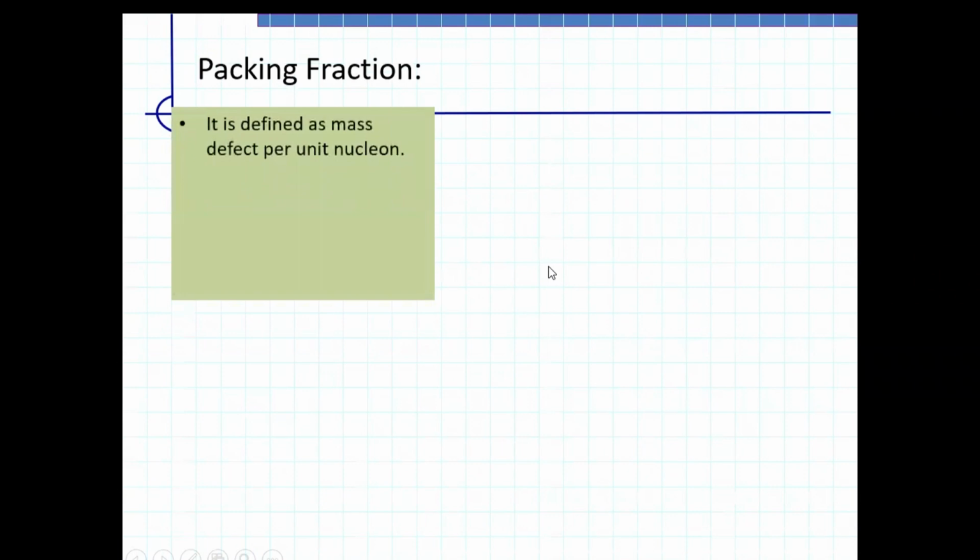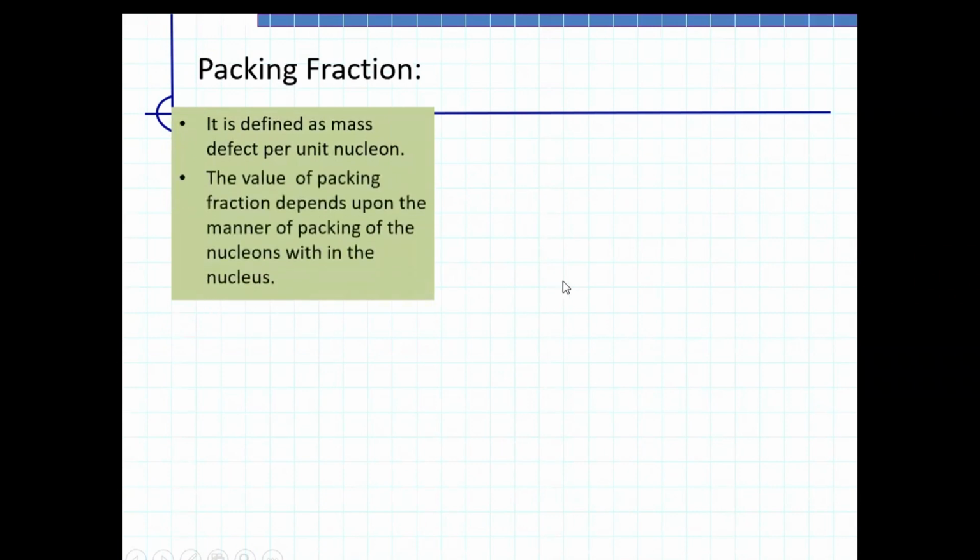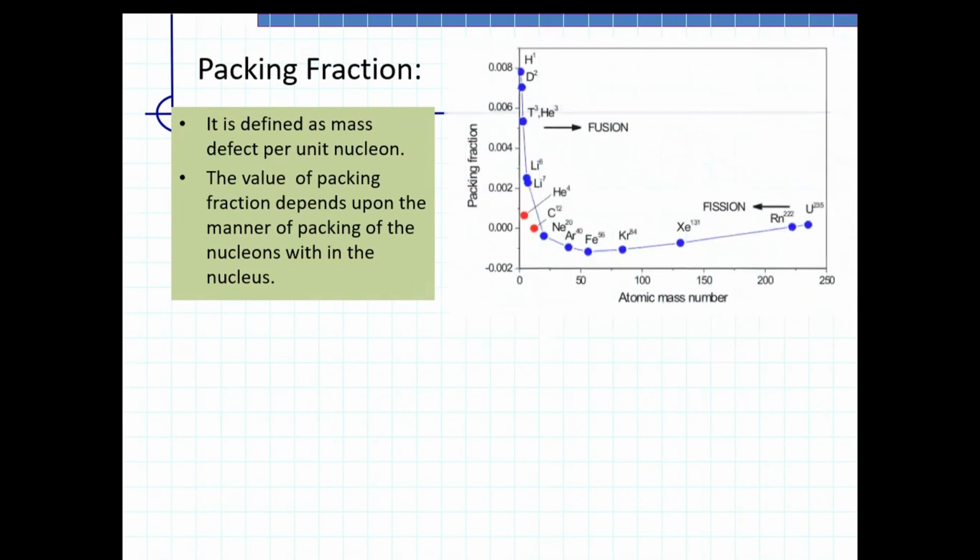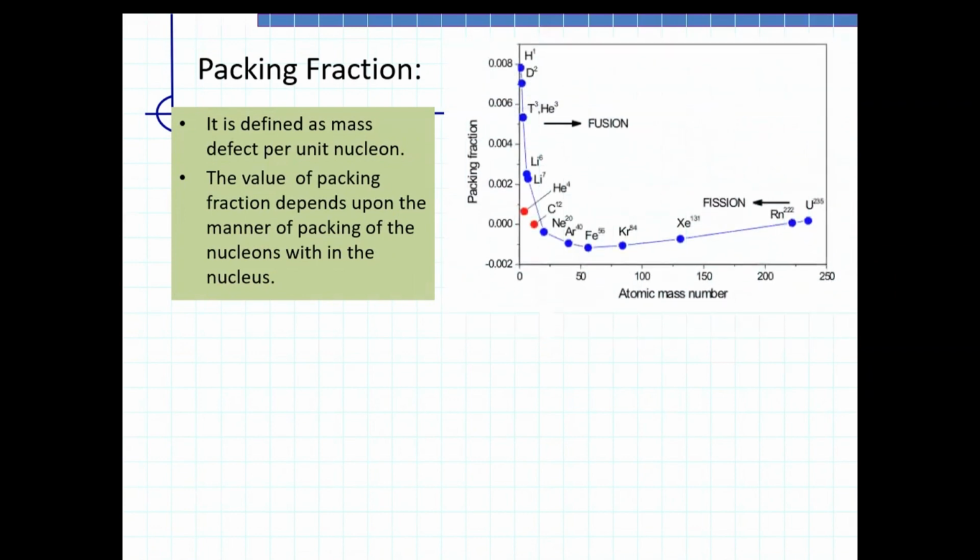Let's briefly talk about the packing fraction. It is defined as mass defect per unit nucleon. The value of packing fraction depends upon the manner of packing of the nucleons within the nucleus. And you can see this curve. Let's elaborate briefly. On the x-axis, the atomic mass number is shown.